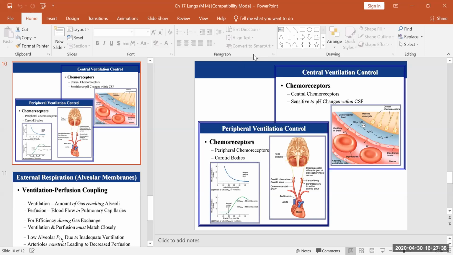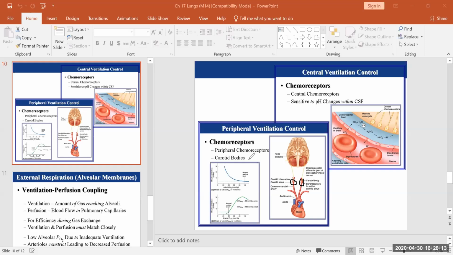So in other words, right here, this is right before the common carotid bifurcates into internal carotid and external carotid arteries. This is from anatomy. There's a ballooning structure in the wall. We call that the carotid bodies, and they contain chemoreceptors that are sensitive to CO2.